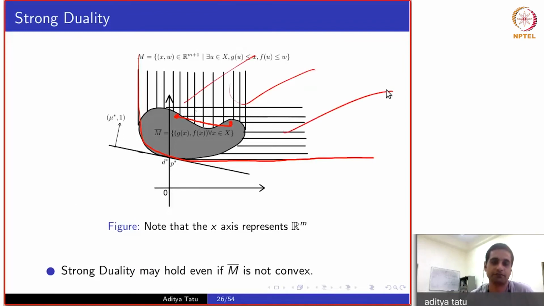Yes, sir. Okay, so in this case, you can see D star and P star are equal. So strong duality may hold even if M bar is not convex. The main thing is we need to worry about the bottom part of M bar. If that looks fine, then your strong duality will hold irrespective of what happens on the top.